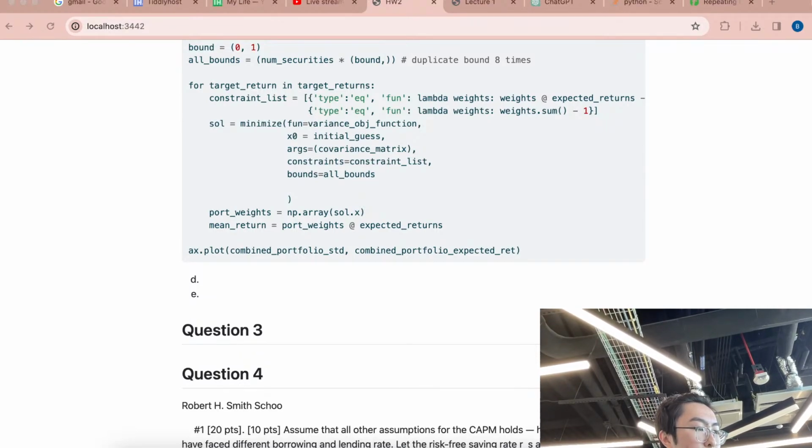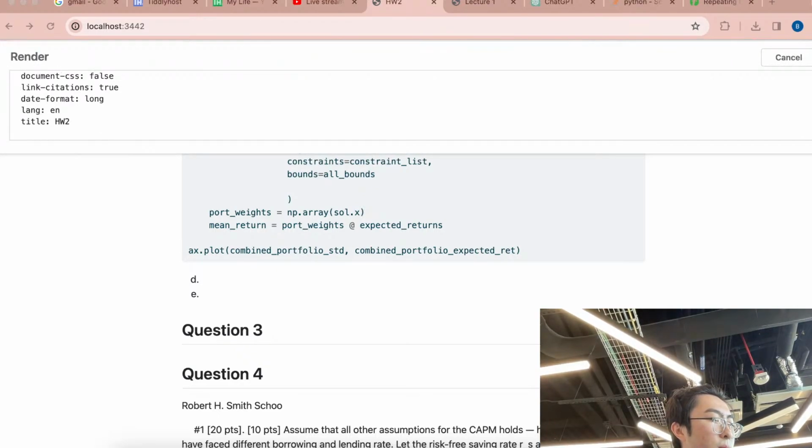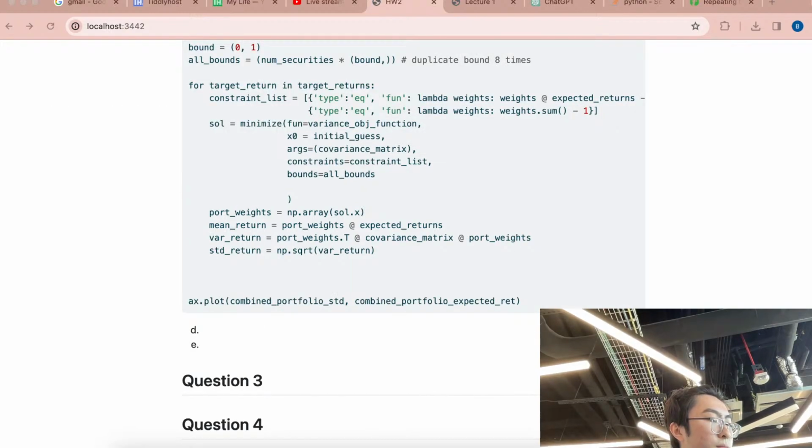Variance of returns for weights at, so we need to transpose, and then we take the covariance matrix, covariance matrix for weights. Oh shoot.